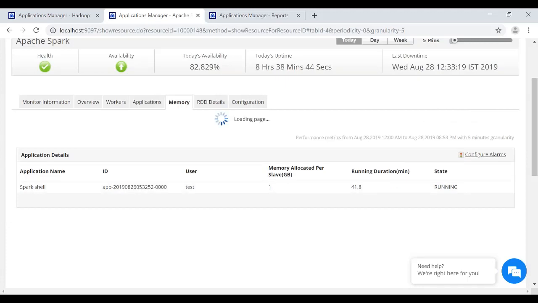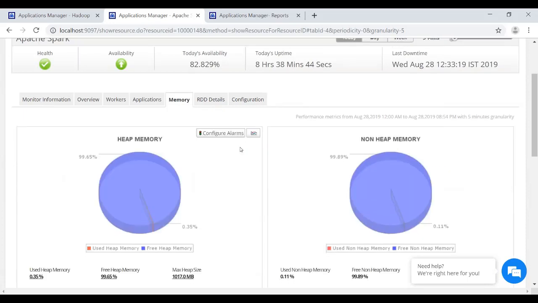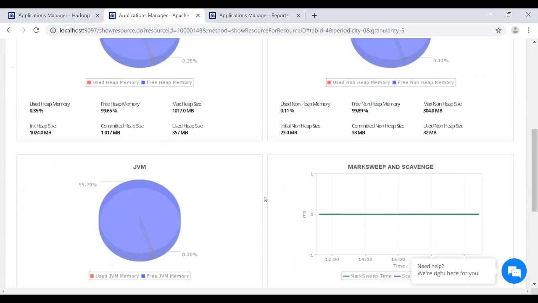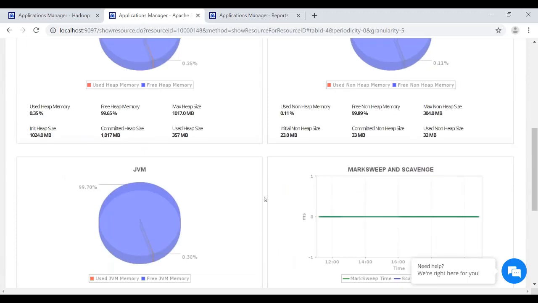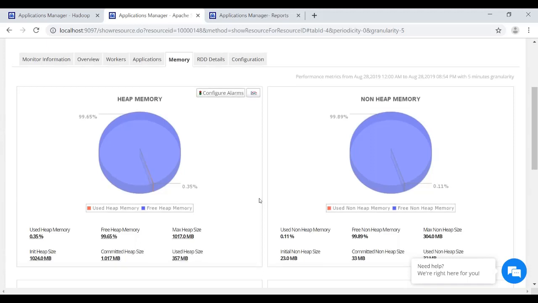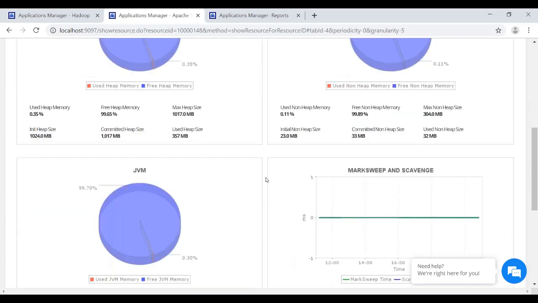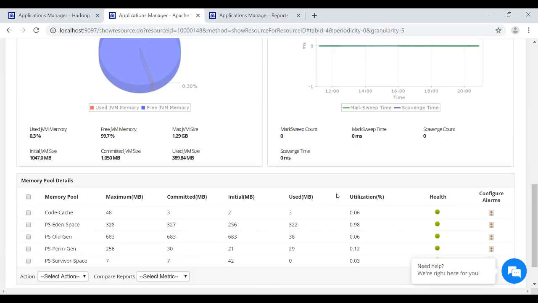All of these applications, of course, are Java applications. So heap memory, non-heap memory, and JVM statistics go without saying, of course, that these are the important components in any Java application for that matter, let alone Java applications running on these executors. So data about that is present here as well.